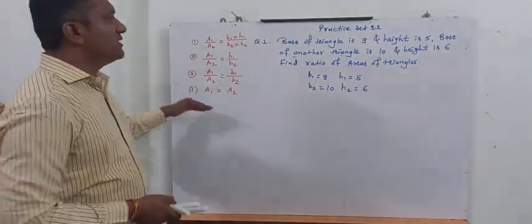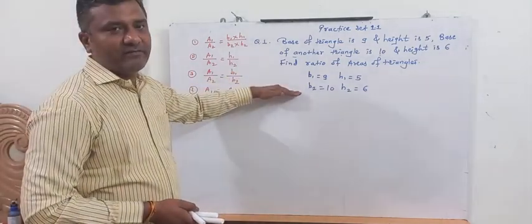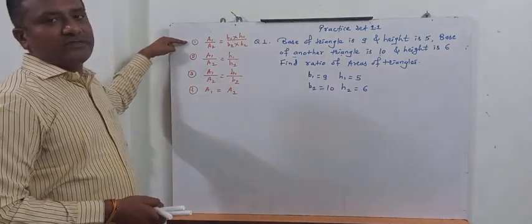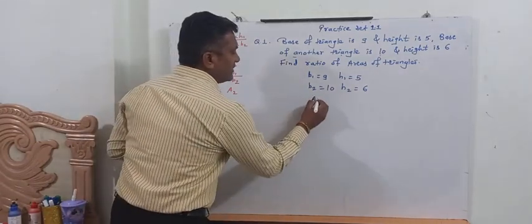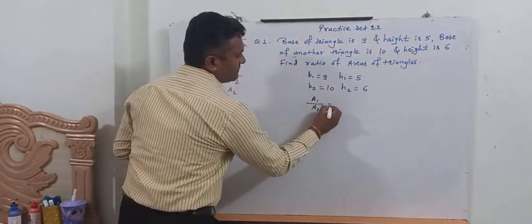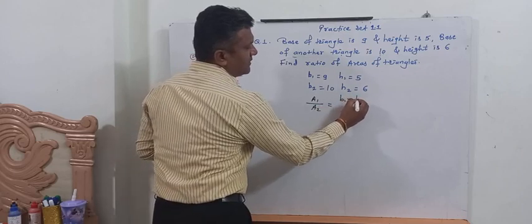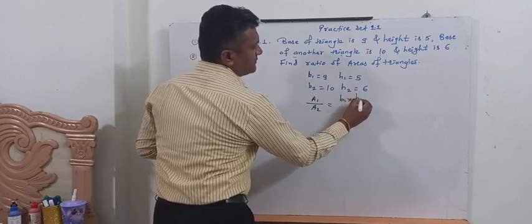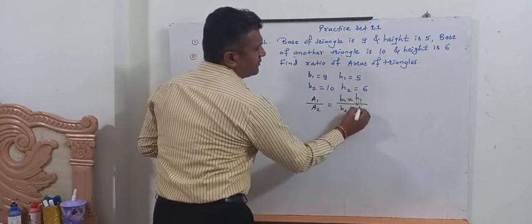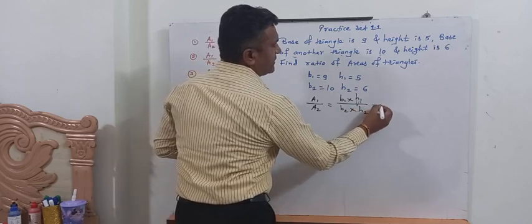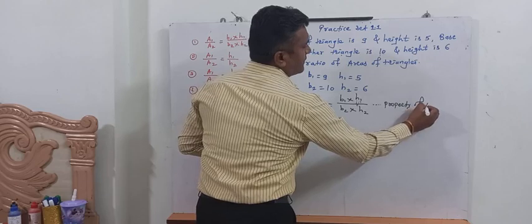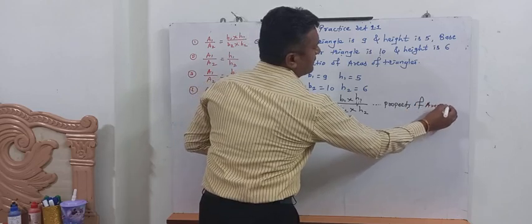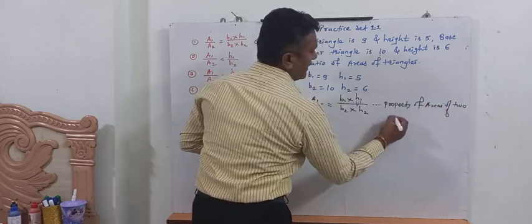Out of this, nothing, base or height, is given equal. So straightforward we want to use the first property. So how can we use this property? A1 upon A2 equals B1 into H1 upon B2 into H2. This is the property of area of two triangles.